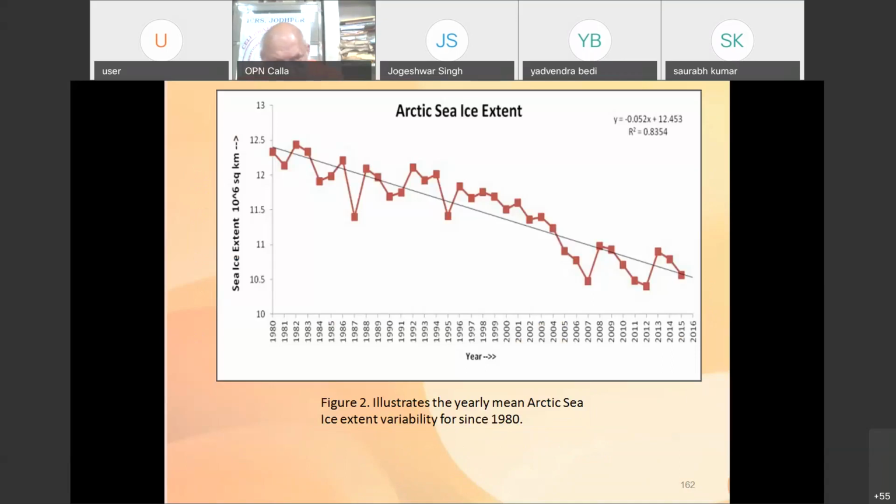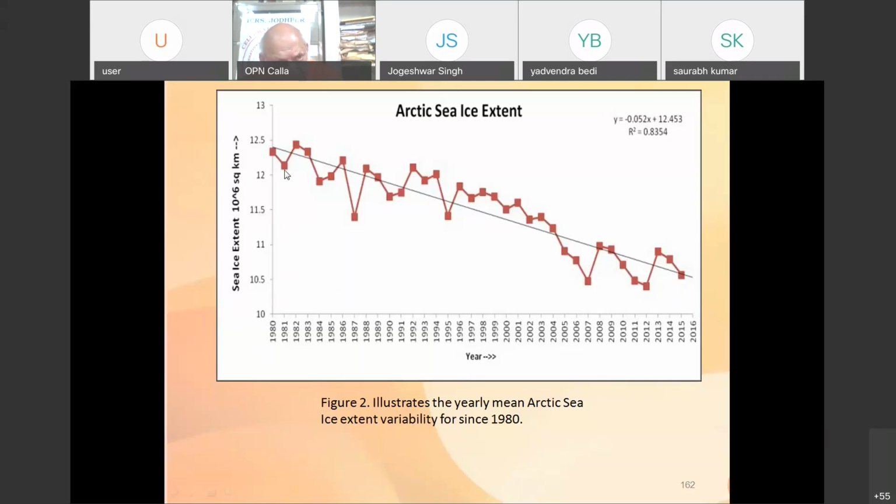You see here, from this graph, we are taking from 1980 to 2016 how the amount of snow, which was 12 into 10 raised to 6 square kilometer in 1980, has reduced to around 10.5 into 10 raised to 6 square kilometer.